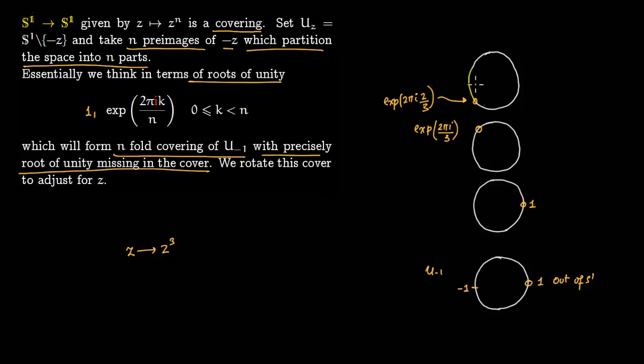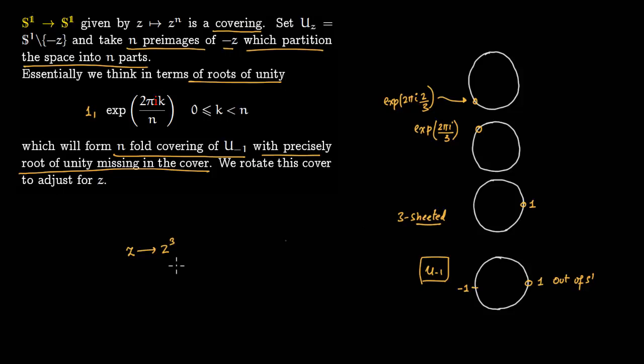So now we have 3 covers for this neighborhood u of minus 1. So this is a 3-sheeted cover, and this 3-sheeted cover we got from 3 roots of 1.